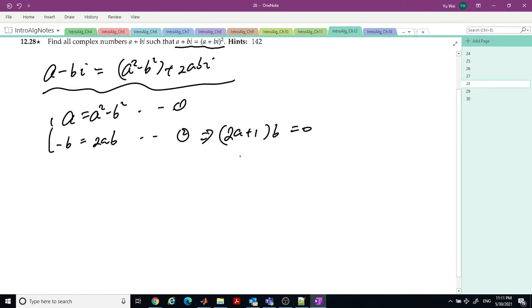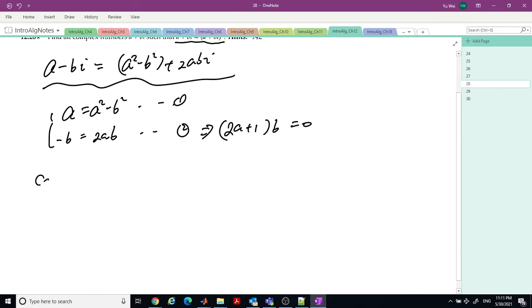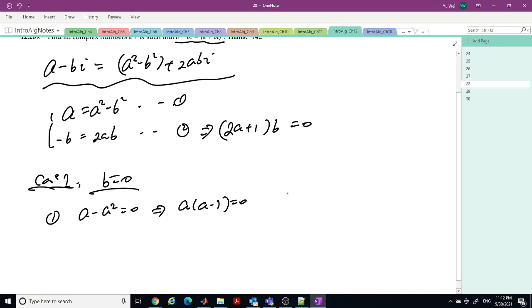So we have 2a plus 1 times b equals 0. Now we have two cases. Case 1 is b equals 0. If b equals 0, a can be anything, and the first equation becomes a minus a squared equals 0. This means a times (a minus 1) equals 0, so a equals 0 or a equals 1.